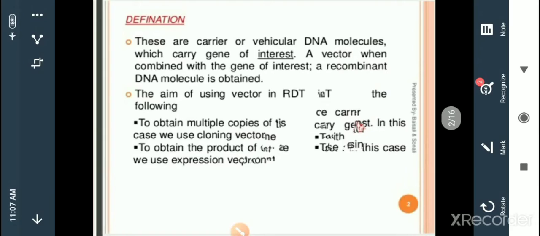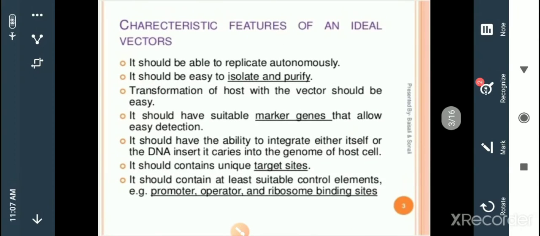If you want to express characters like gene color, body color, color of fur, color of retina, hair color, or any different character in the desired type of animal, we use this type of vector.